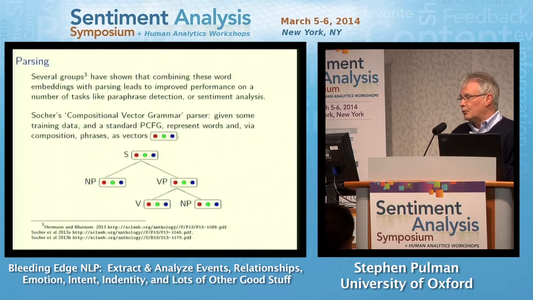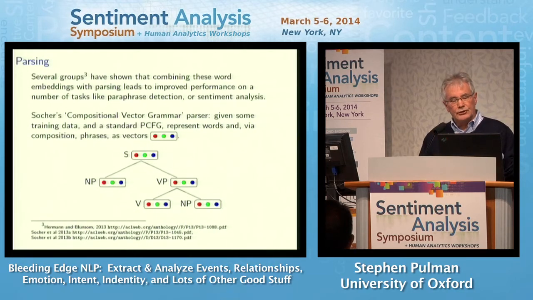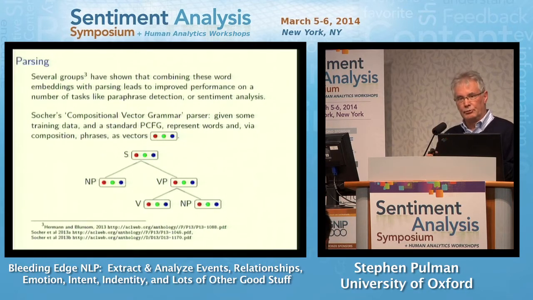And the way in which it uses these pre-trained vectors is to associate a vector with each word, as we've already got, and use a standard probabilistic context-free grammar parser backbone to provide training data, and it is actually part of the final system as well. And what we're trying to do is, from the word vectors, figure out a way of also getting meaningful vectors for phrases. It's very similar to the compositional sentiment system I was describing yesterday.